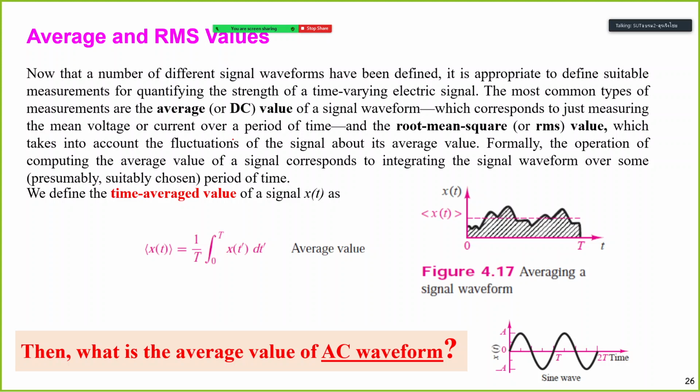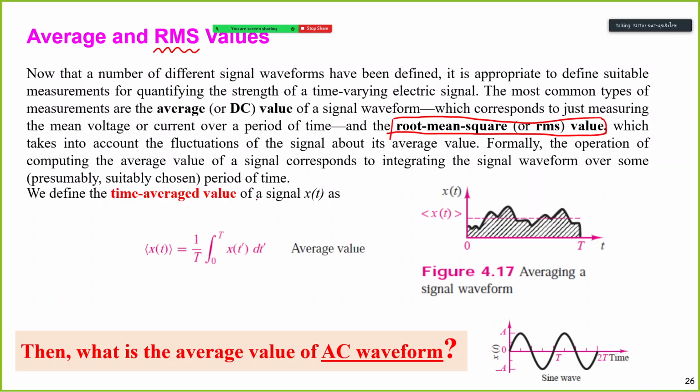Okay, and for the AC value, we will have one value to represent the energy dispatch of the AC waveform. We call this value the RMS value. So we represent the amount of the signal by the root mean square value.